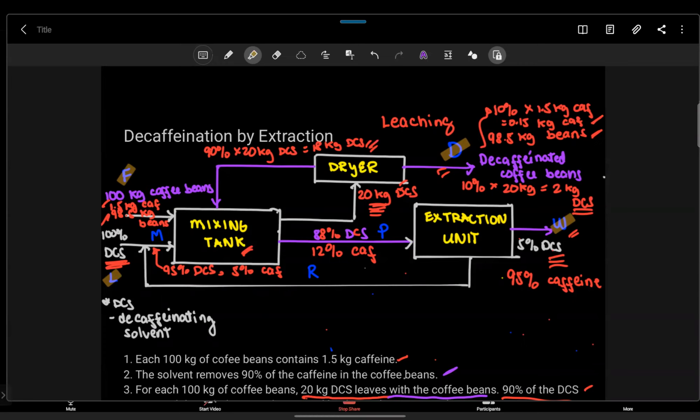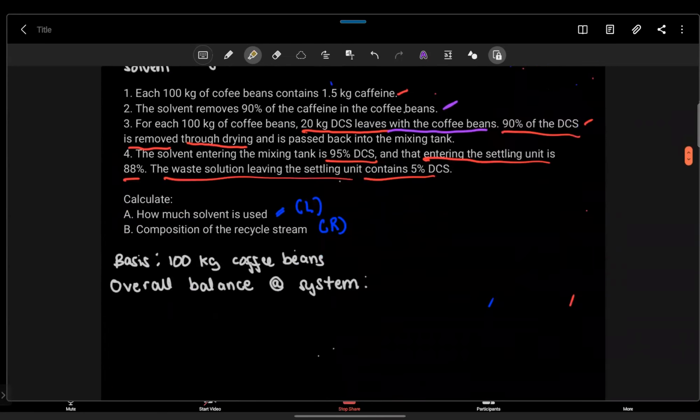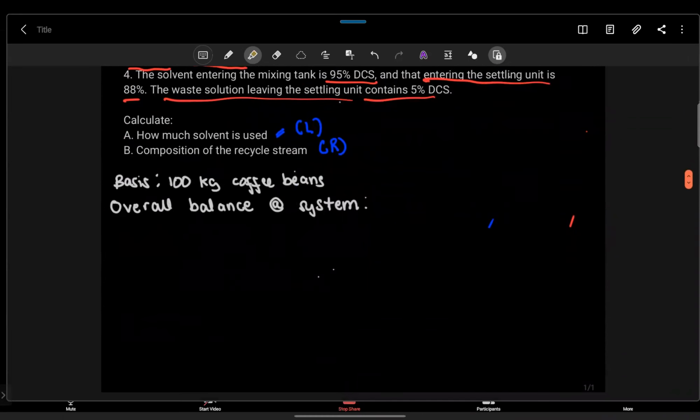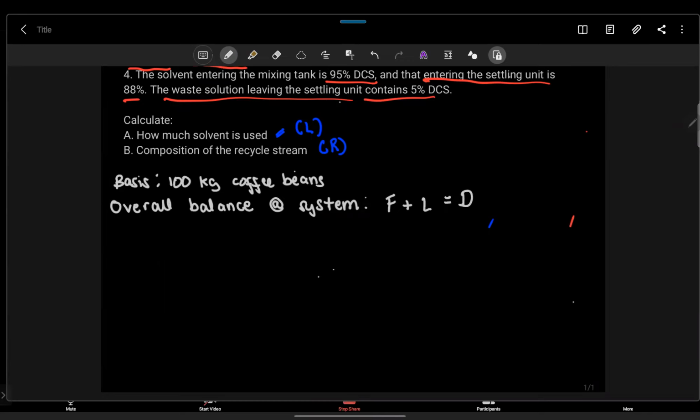So if you're considering the whole system as a single unit, F and L yung input, D and W output. Okay? So therefore, we can write that mathematically as what? Let's write it as F plus L. Okay? Feed plus the solvent equals yung decaffeinated coffee beans natin, D, plus yung waste stream na containing yung caffeine natin.